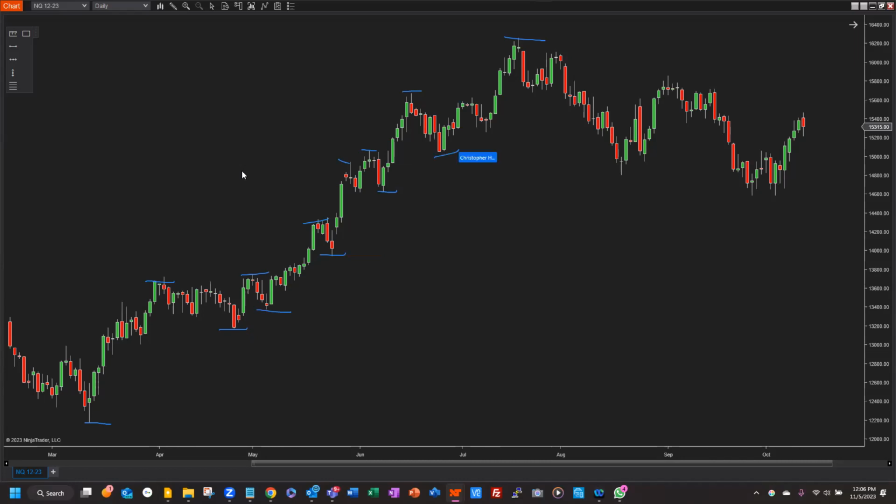This did not go above that, so that's nothing. This is nothing either. Let's see here. Here we have a lower high. With the pullback there, it's not really a low, it's just a pullback into a lower high.